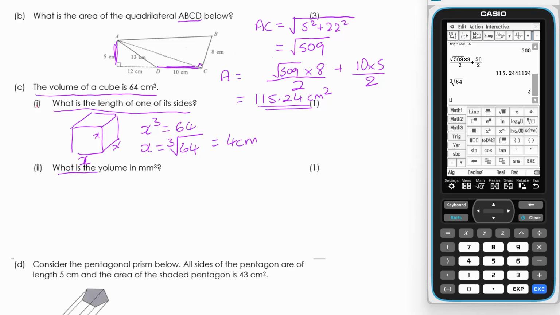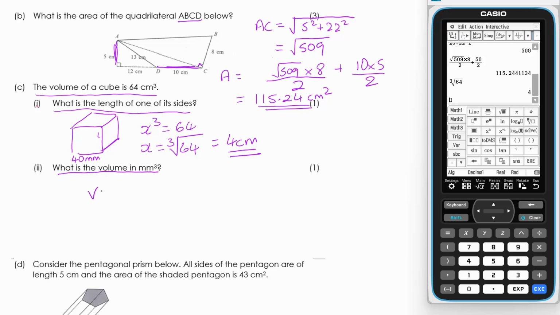What is the volume in cubic millimeters? It's easier to convert lengths than it is to convert volumes. So 4 centimeters is a side. That means that 40 millimeters is a side converted to millimeters.